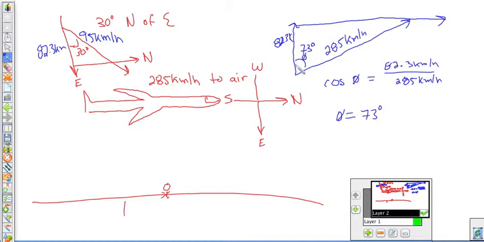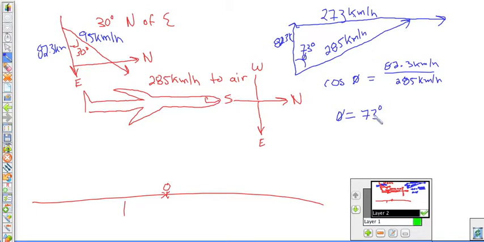So if I take the sine of 73, equals opposite over hypotenuse, I will discover that my new vector here is 273 kilometers per hour, right?